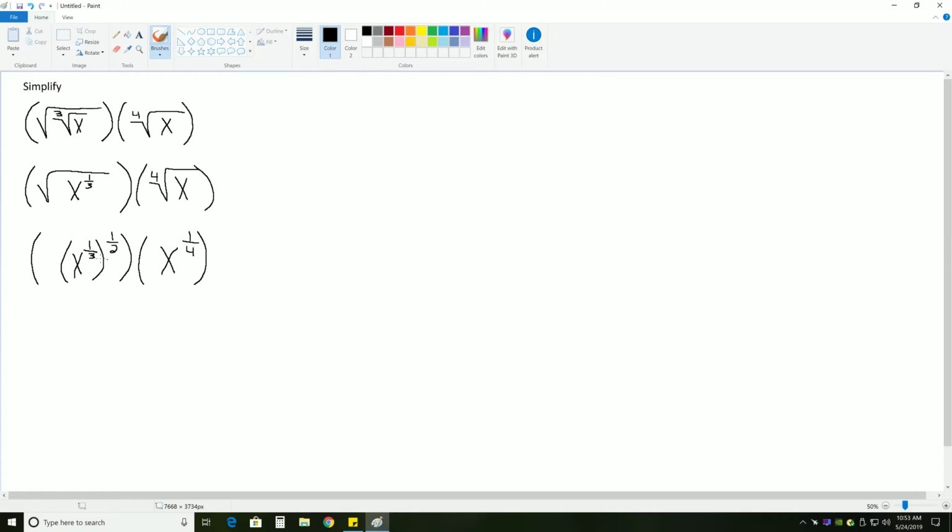And now we can keep going with simplifying this. The next step is to notice we have x to the 1/3 all to the 1/2. Whenever you're raising an exponent to another exponent, you have to multiply them together. So we get x to the 1/3 times 1/2. We'll do that off to the side.